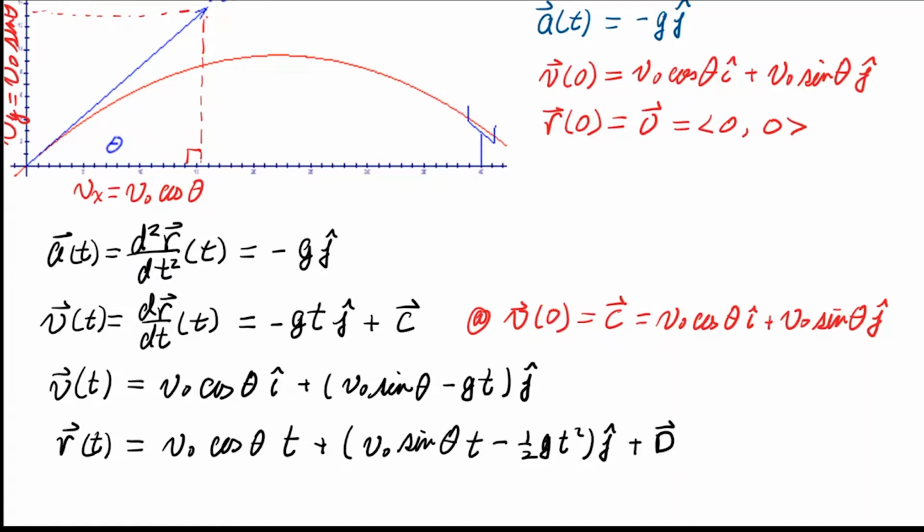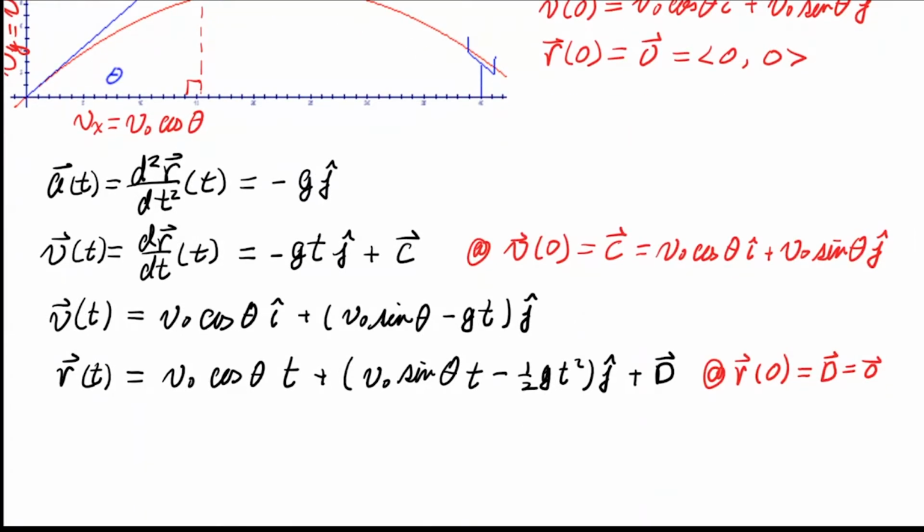You evaluate it, and if you plug in t here, here, here, they all die. It just gives you D. However, from our initial condition, that needs to be the 0 vector. So D is equal to 0.